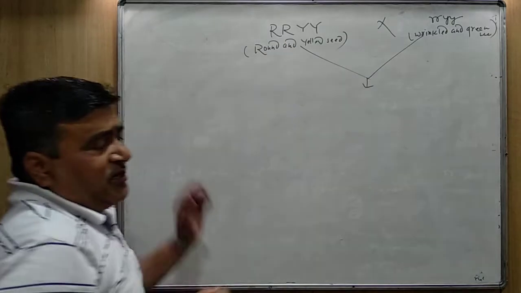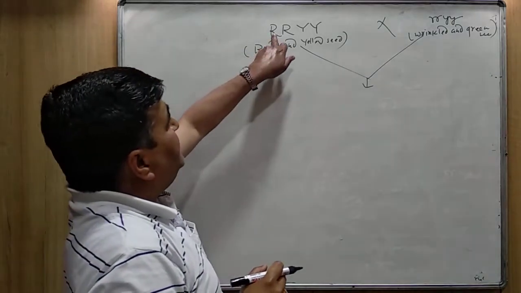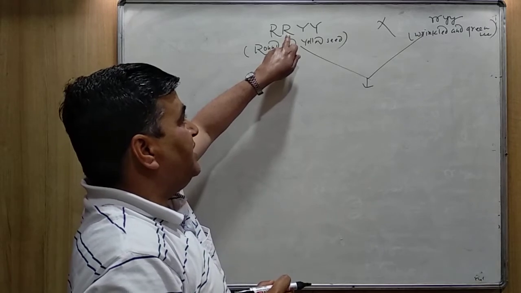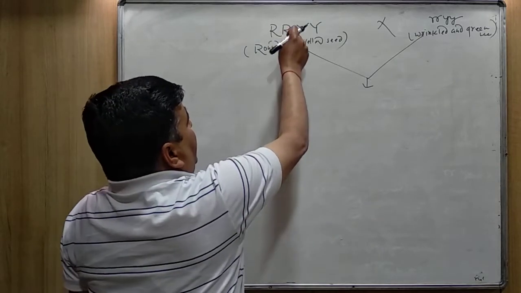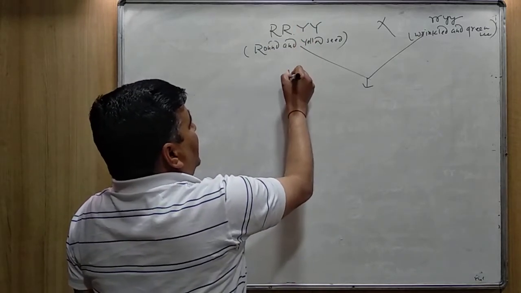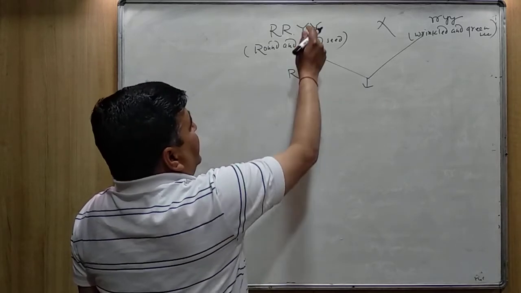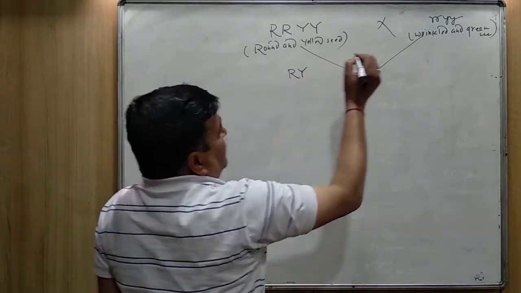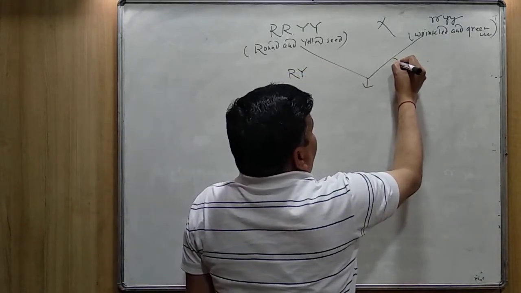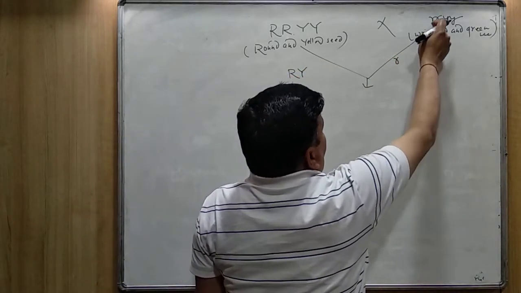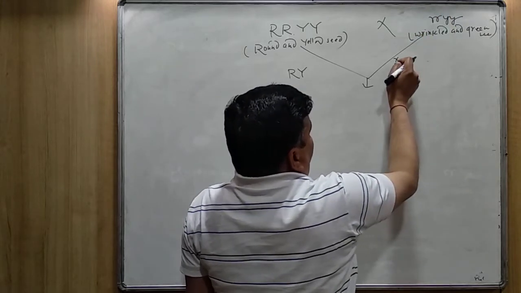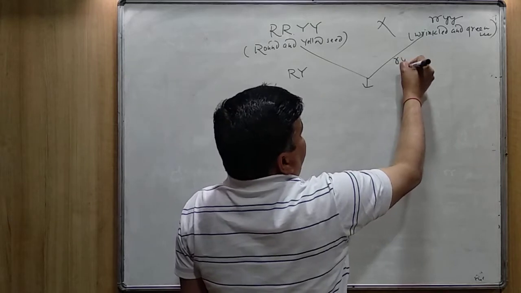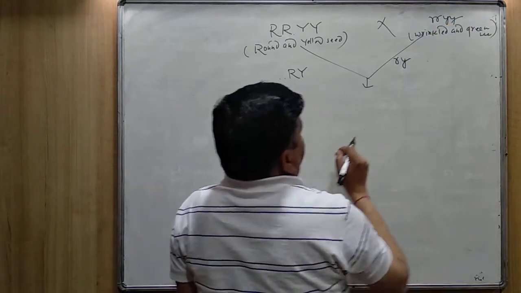And I told you in the law of segregation, out of these two alleles, only one allele enters inside a gamete. So from RR, one R will come in the pollen grain, and from here also a single Y will come in the pollen grain. Here also small r, out of these two, one r comes inside the gamete as per law of segregation, and this is for Y, small y.